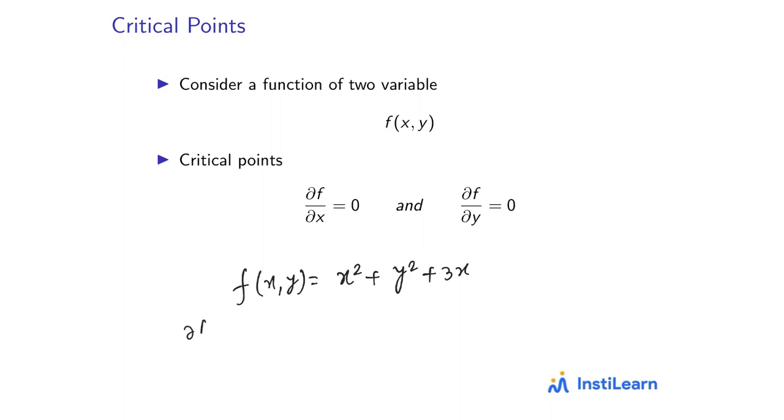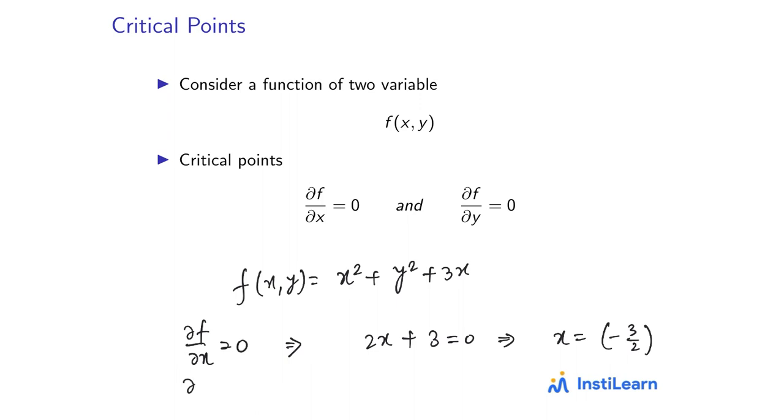So what would be del f upon del x is equal to 0? What would we get from here? It would be 2x plus 3 to be 0, and that is x is equal to minus 3 by 2.